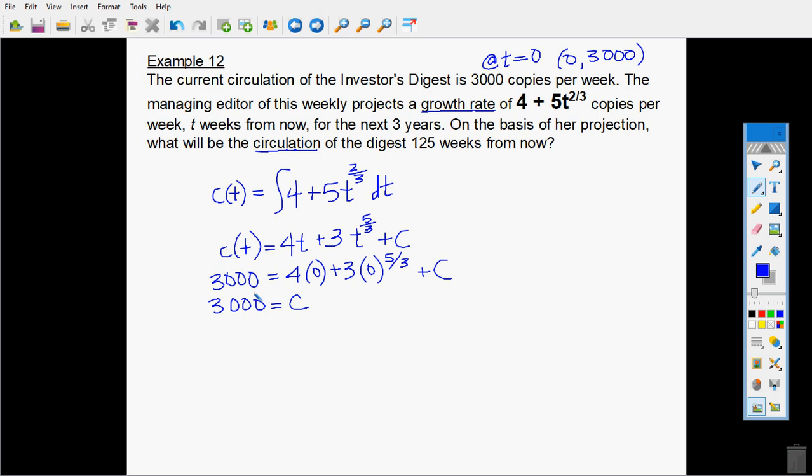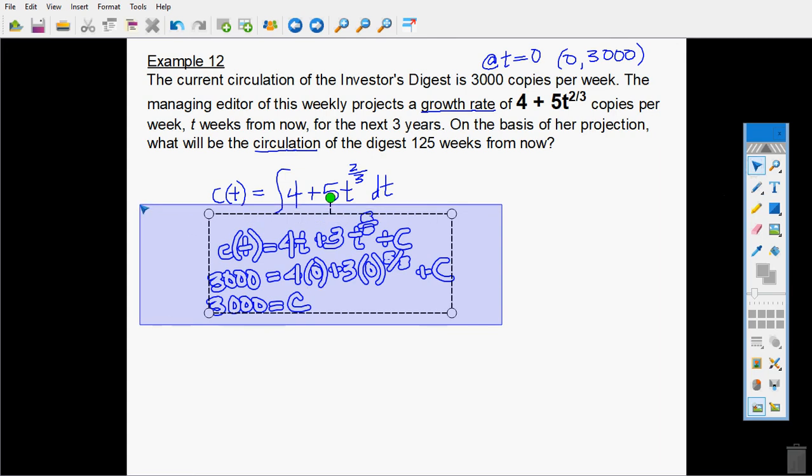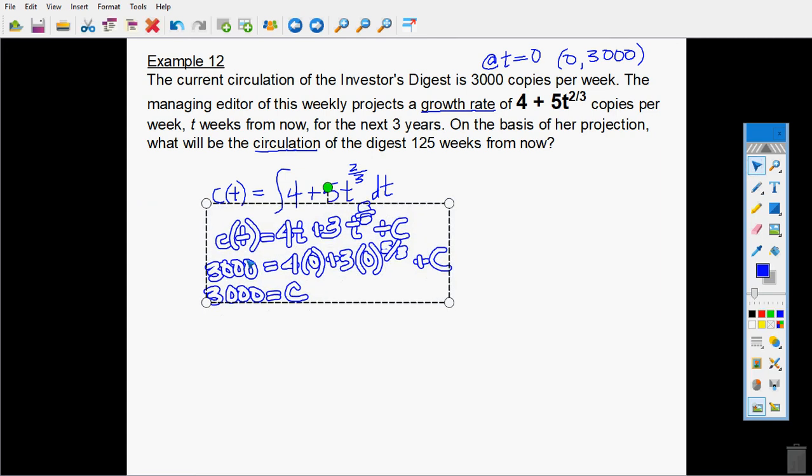I know in some of our examples, it seems like whatever our initial value is, that's the constant. It's not always going to be true. Please always double check your calculations there to make sure that our C value is going to be right.